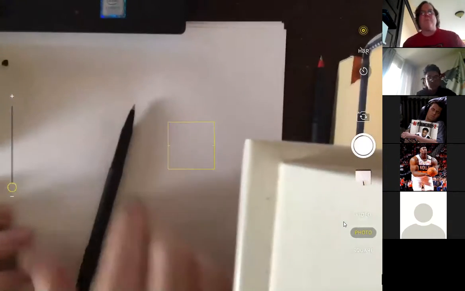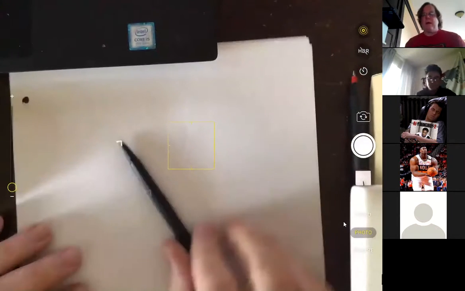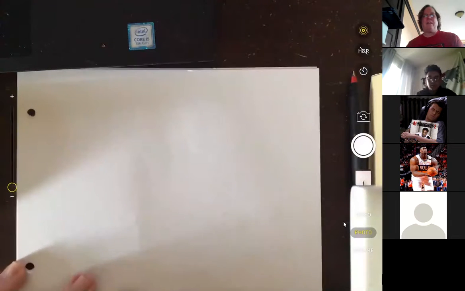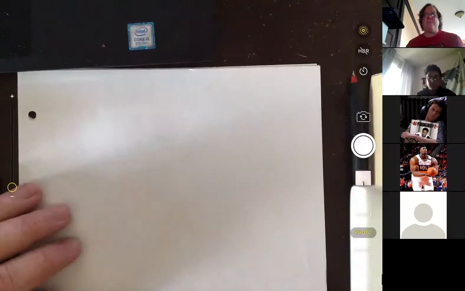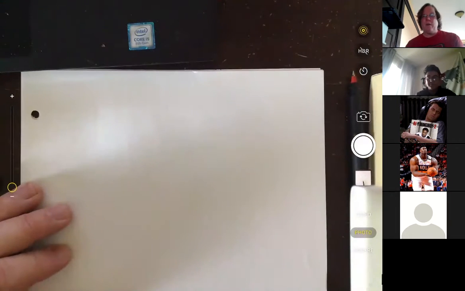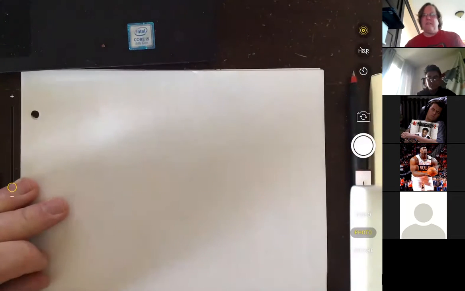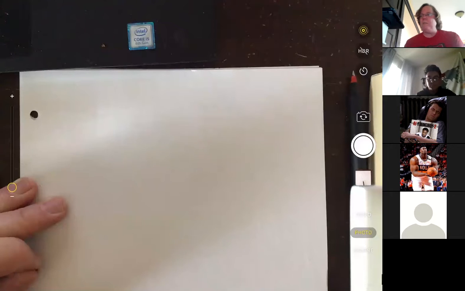The iPad is taking a picture of my paper, and this paper is going to be my whiteboard, and that's it. This is the high-tech thing I'm doing. I'm taking video of a piece of paper that I'm writing on. I could actually get a stylus and write directly on the iPad, but why do that when I can just use a piece of paper?